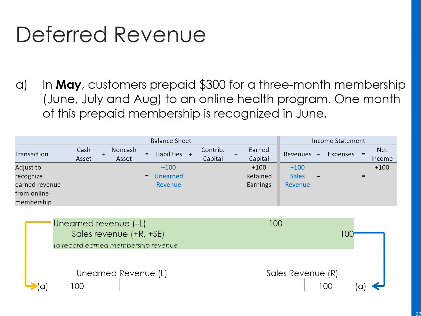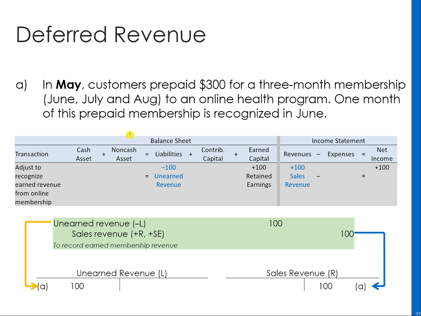Now, we are at the end of June, for example. By the end of June, we have provided one month's membership service to the customer.